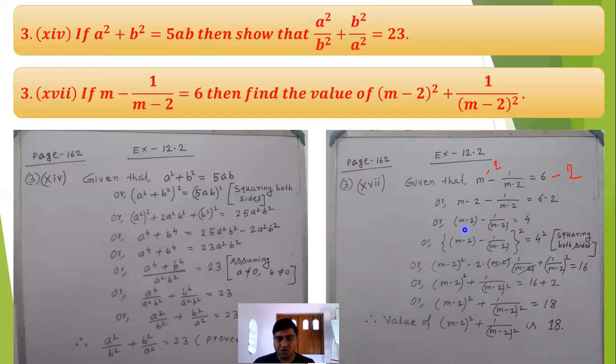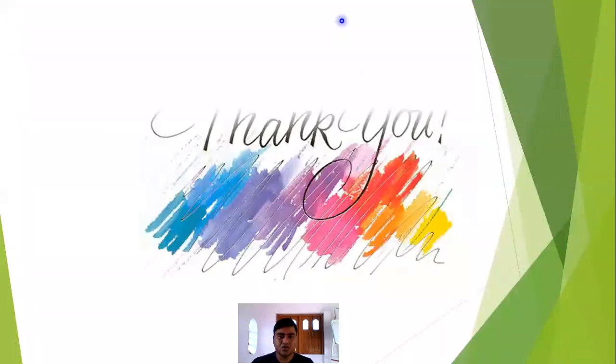Now m minus 2 whole square plus 1 upon m minus 2 whole square is equal to, the m minus 2 cancels, and minus 2 goes to the right hand side as plus 2, 16 plus 2, so m minus 2 whole square plus 1 upon m minus 2 whole square equals 18. So therefore the value of m minus 2 whole square plus 1 upon m minus 2 whole square is 18. So thank you.